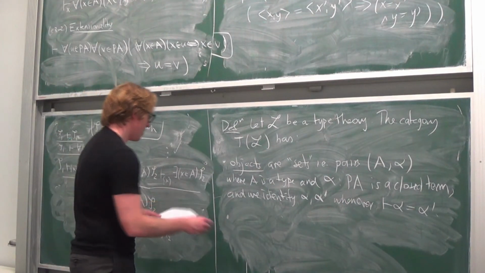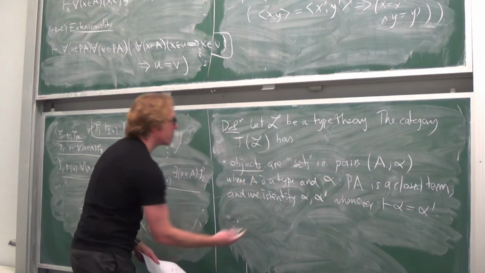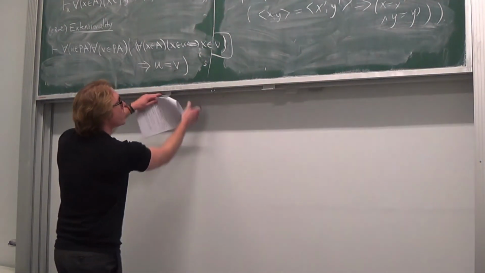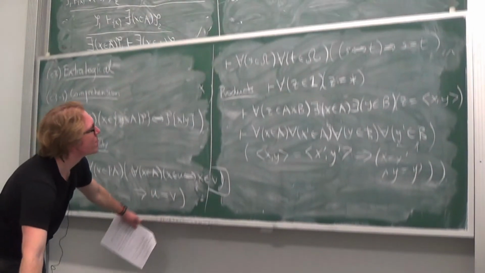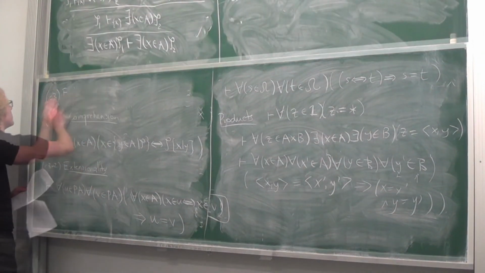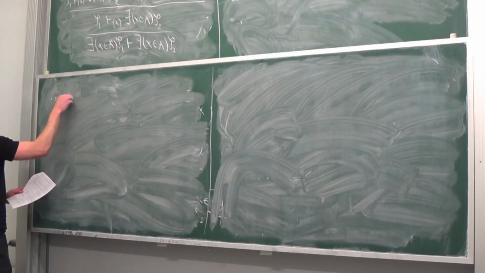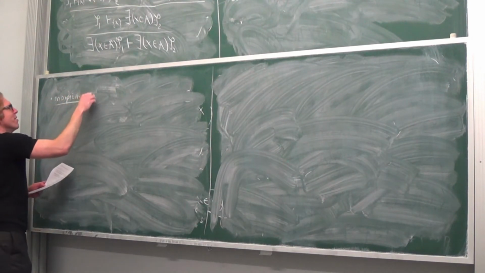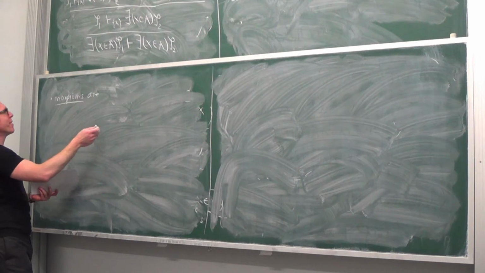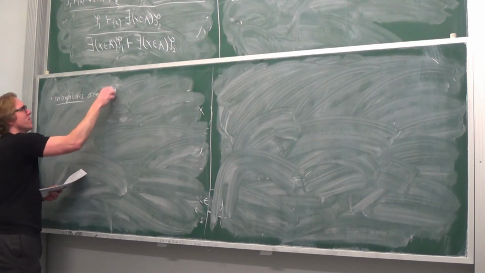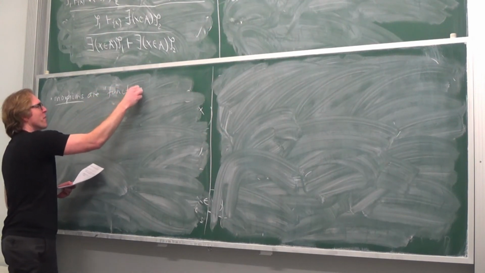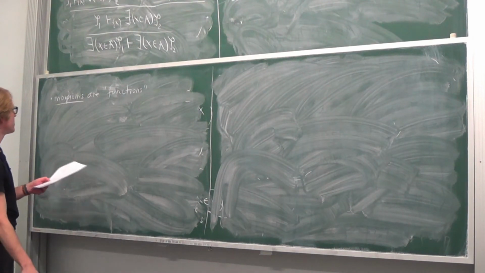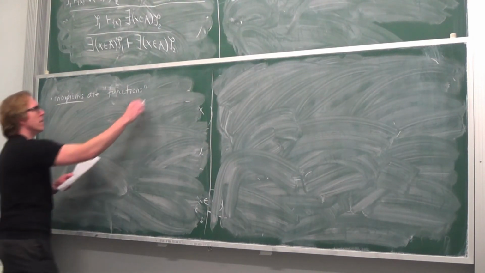Okay, morphisms. Let's do that somewhere else. So objects are somehow sets in this type theory, and morphisms are functions. And we just follow our nose to define that.